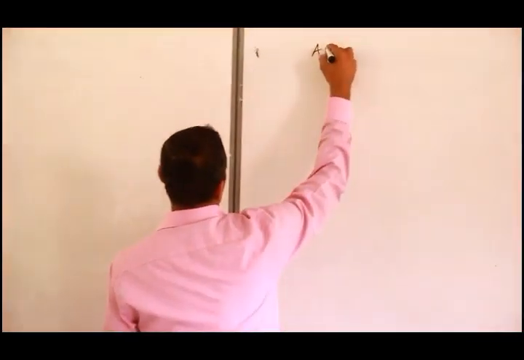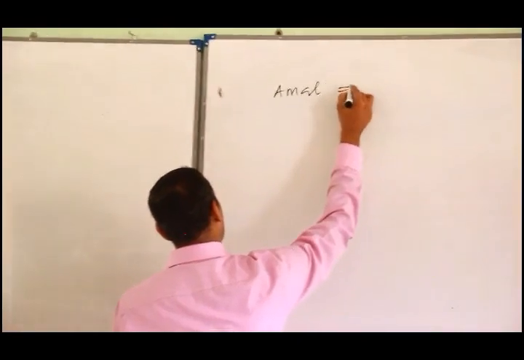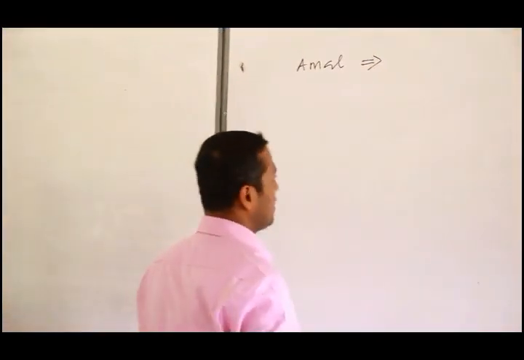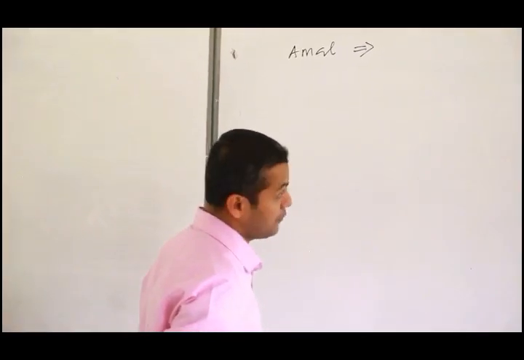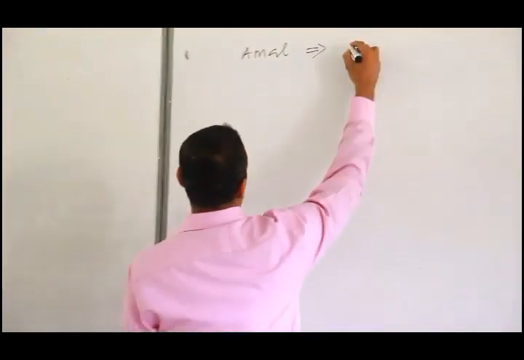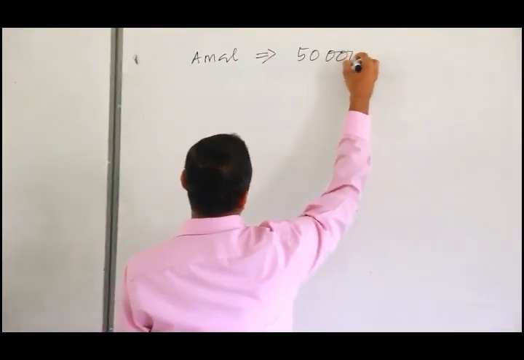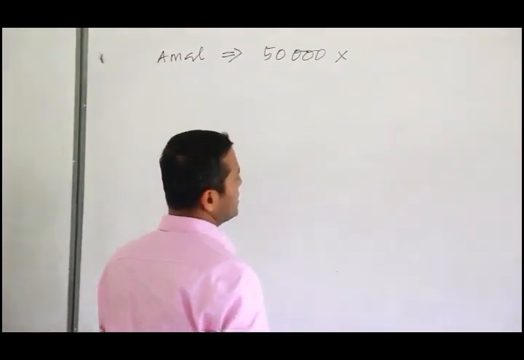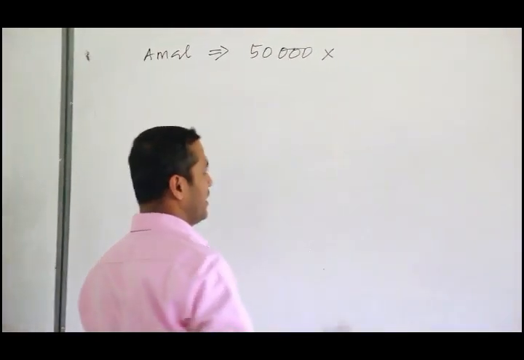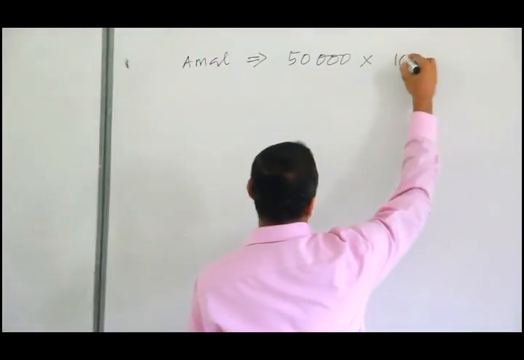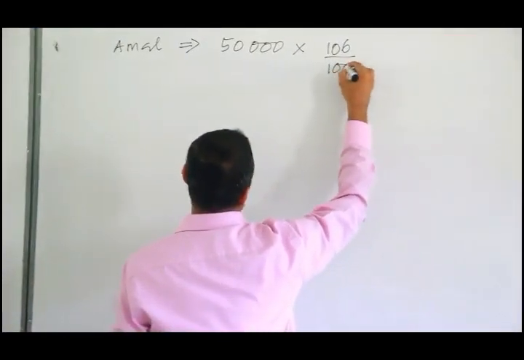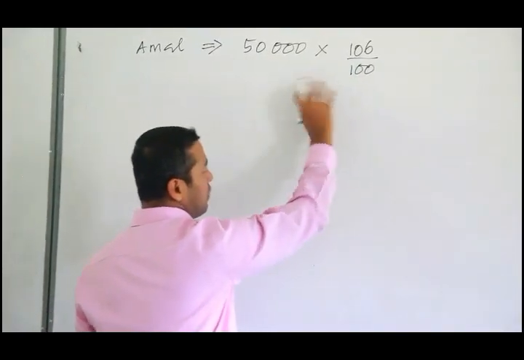We will first calculate for Amal. For Amal, it is under compound interest basis for 3 years, right? Then 50,000 total amount. What is the percentage? 6%. Then I am going to add that 6 with 100. Then 106 over 100. This is the total amount for 1 year.